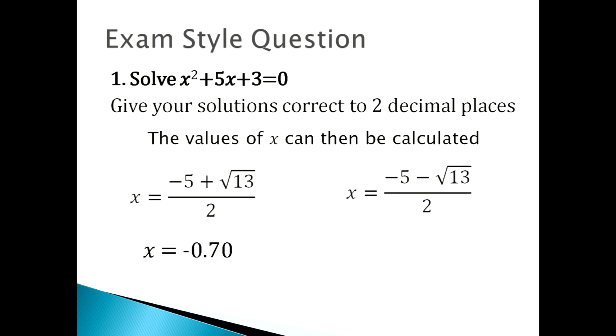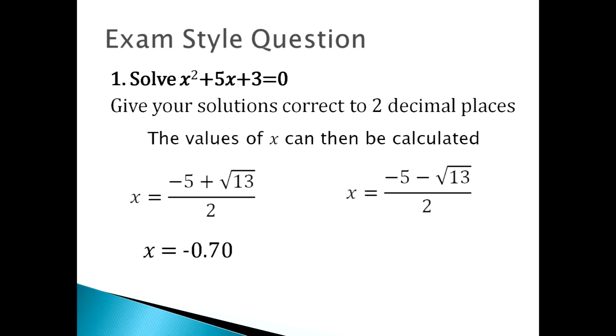If it says give your solutions correct to two decimal places, even if the second decimal place is a 0, you still have to write it, because the question is asking for two decimal places.